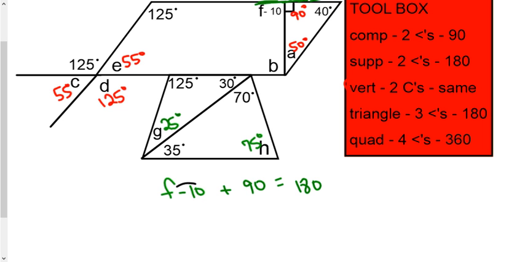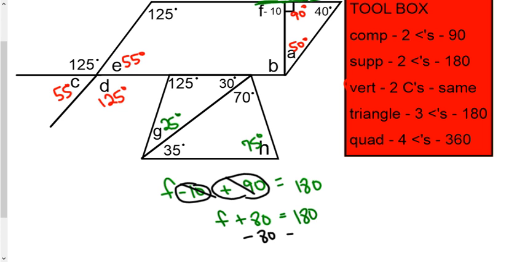Negative 10 plus 90 should simplify down to positive 80. So these are gone and accounted for, and the F can drop down. And so we can minus 80 from both sides now. And I find out that F itself is 100.